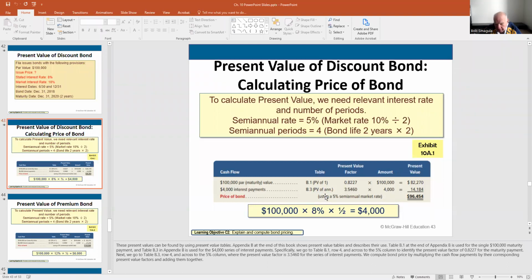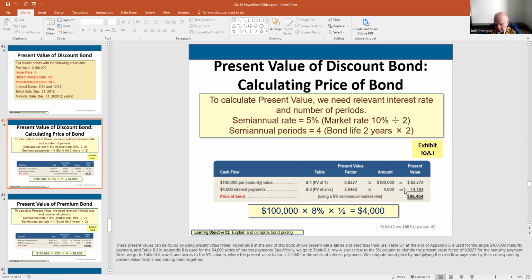But we also have to pay an annuity. An annuity, once again, is a series of payments of equal amounts at equal interest rates over a finite period of time. A bond is a typical annuity. We go to the annuity table and we find 3.546, multiply it out, you get 14,184.